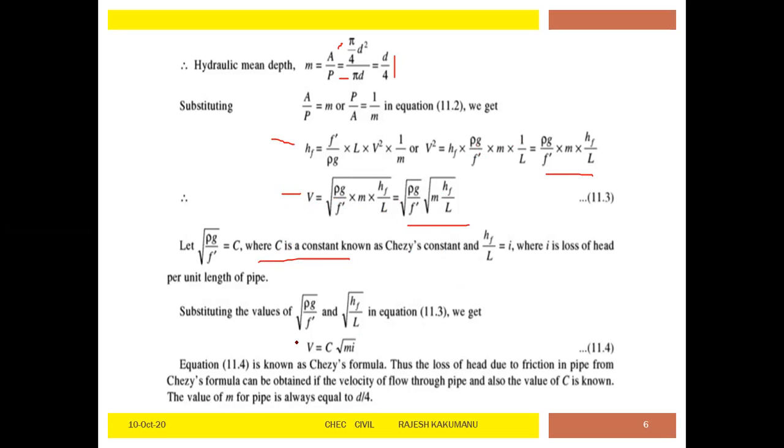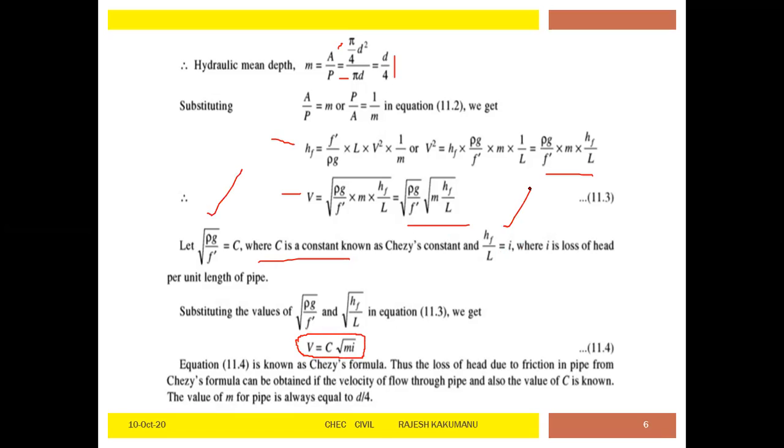Substituting, finally we get V = C root(m i). This is known as Chezy's formula.